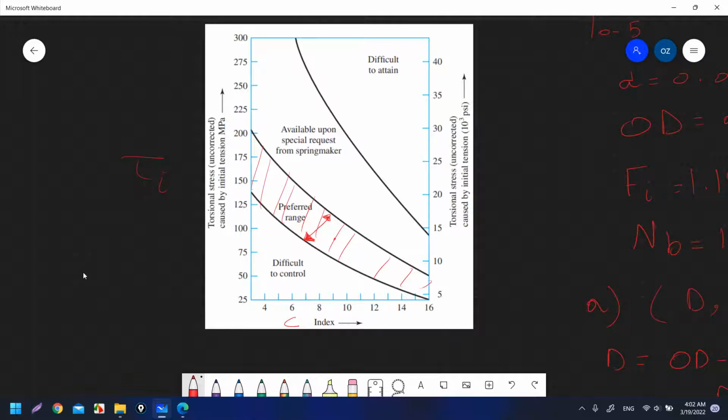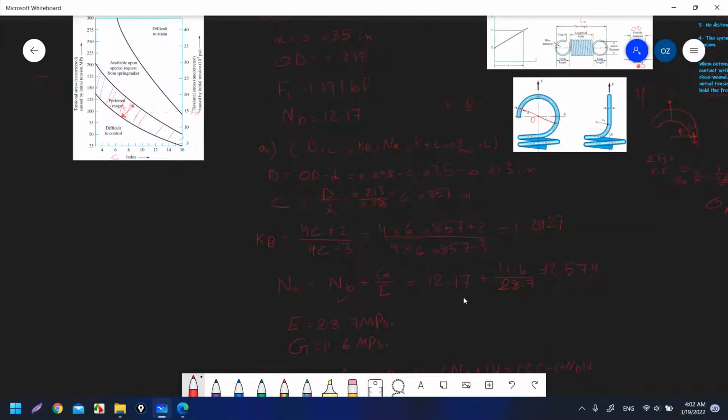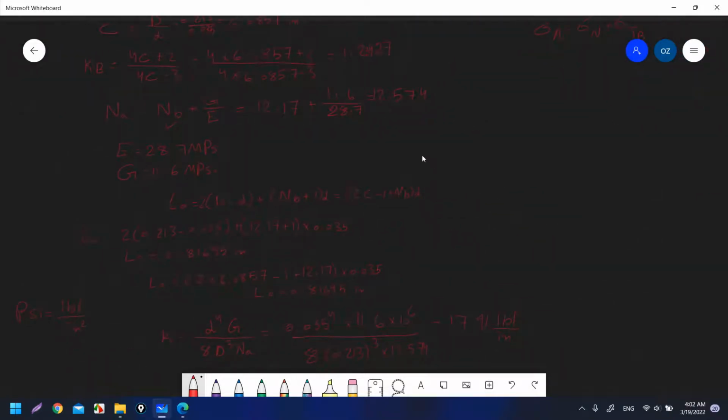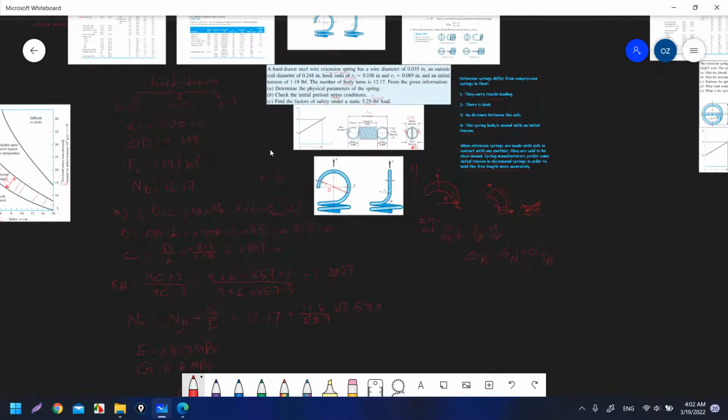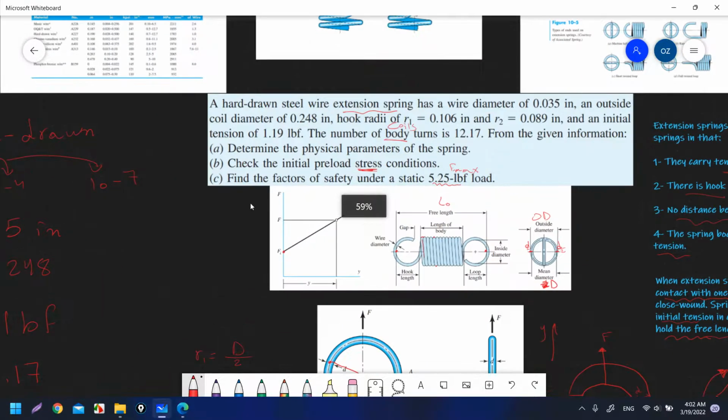If you see here with psi, it is multiplied by 10 to the power 3, so it is 150,000 something. Okay, it is something here, so it is in the preferred range also. So you can check if you have the graph, you can check if your solution is right or not. Okay, so we finish part B. It is in the preferred range.